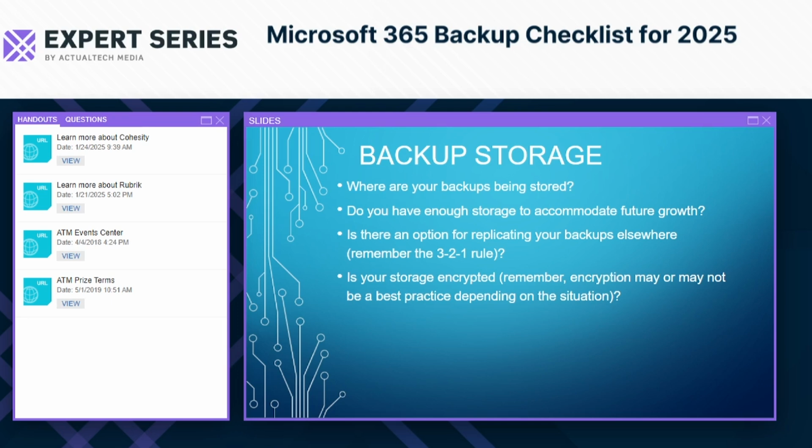So the 3-2-1 rule doesn't really apply to the cloud era, but the basic philosophy behind that rule still applies. And that philosophy being that it's important to have backup redundancy, because if something were to go wrong with your one and only backup, well, then you're basically out of luck at that point. So it's really important to have multiple copies of your backup. And generally, this is going to mean replicating your backup to another location.